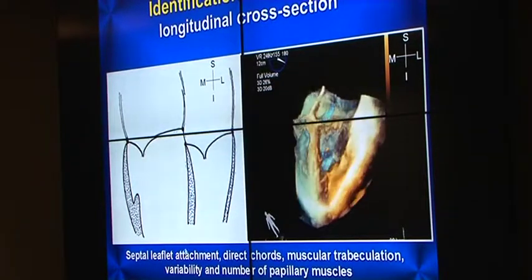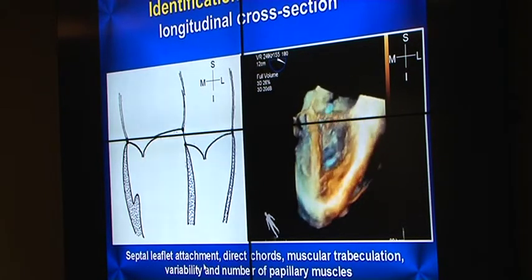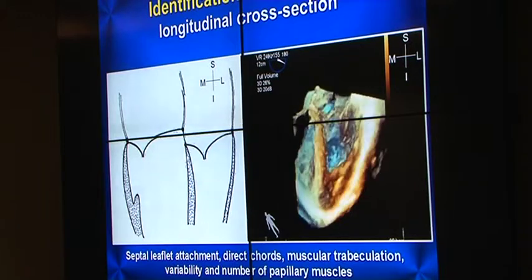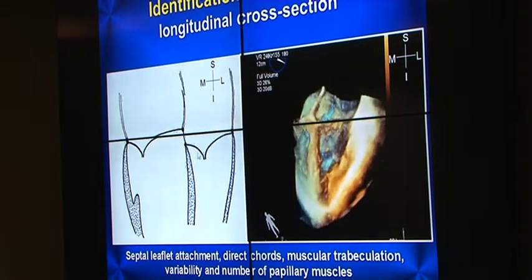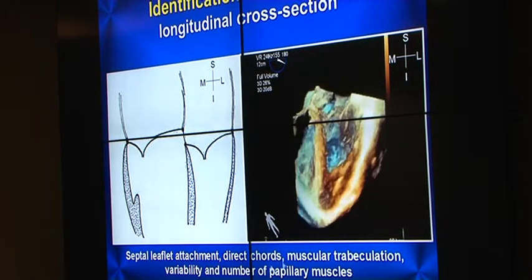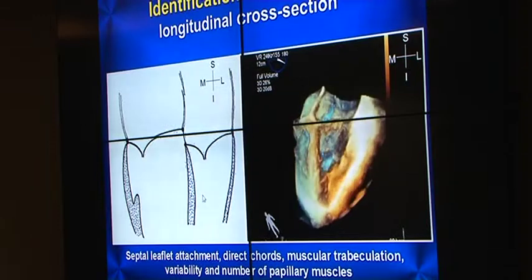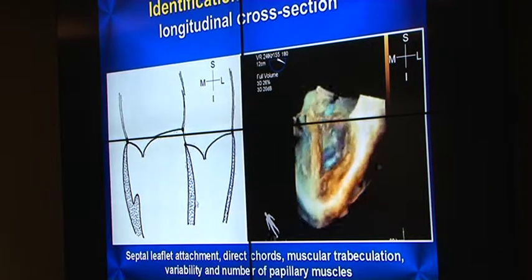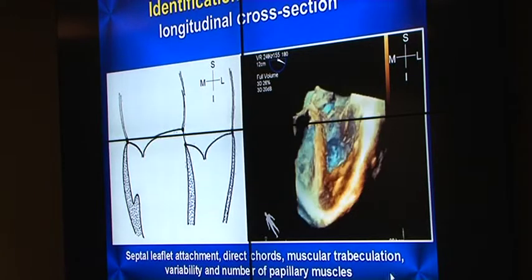So we have some anatomical help because we do know that the septal leaflet attachment of the right ventricle is positioned deeper, and the septal leaflet, which will characterize the right ventricle, always has direct cords which are inserted on the wall directly without papillary muscle in between.